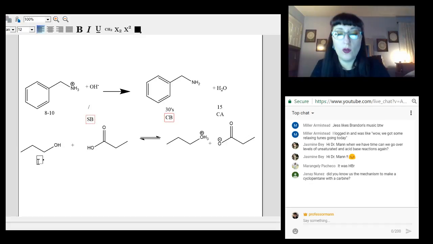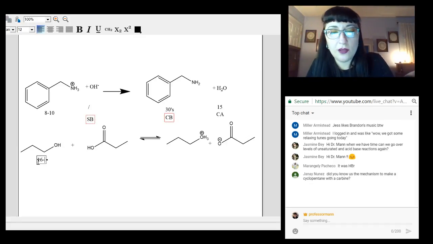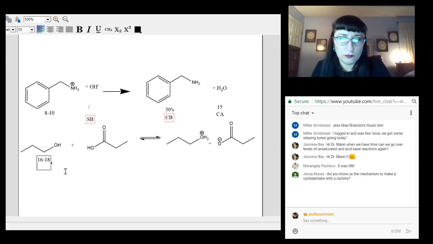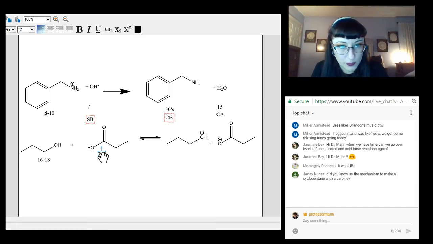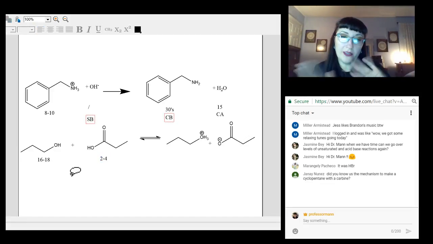So you have an alcohol, which has a pKa of around 16-ish to 18-ish. And then a carboxylic acid, which has a pKa of about 2 to 4. And we learned those 5 factors that influence what makes these pKa's what they are. So if you're looking at this left-hand side of the equation, the acid would be the carboxylic acid, and the alcohol would be the base.